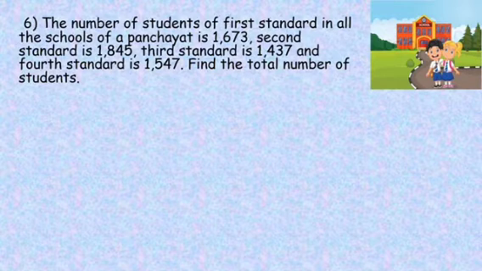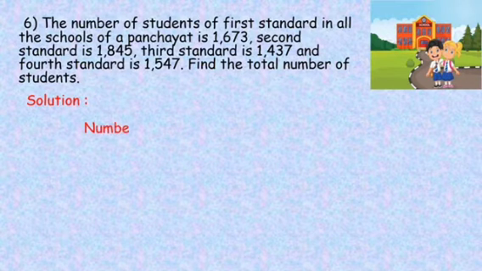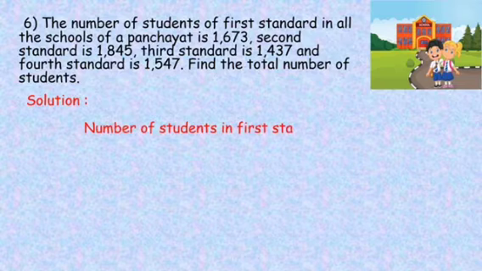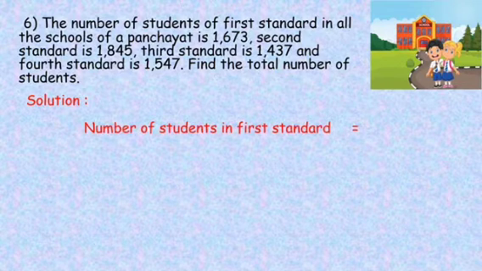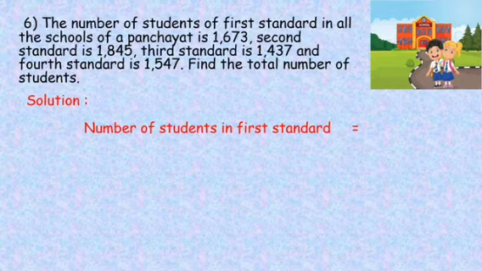Here the total number of students in all the schools of a panchayat is what we have to find out. So to start off, the number of students of first standard is equal to 1673.